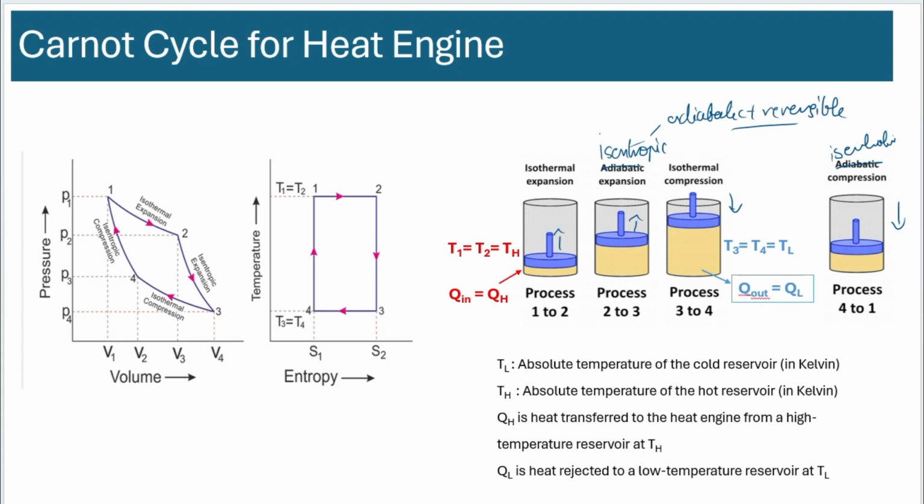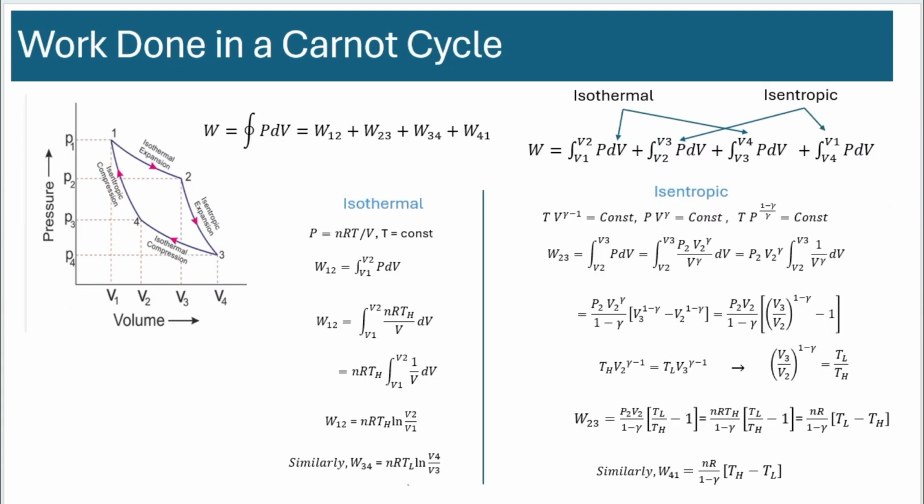All right. So how do we estimate the overall energy transfers during the whole cycle? First, we look at the work done. Work done is typically calculated based on the type of process it is. So we know the work done formula for isothermal and isentropic from the previous lecture. If you don't remember, it's derived here again, for isentropic and for isothermal.